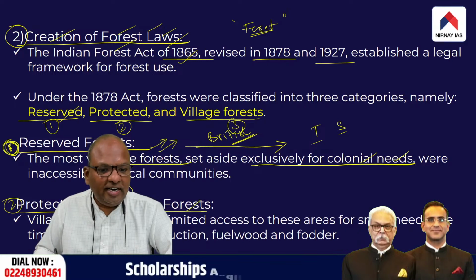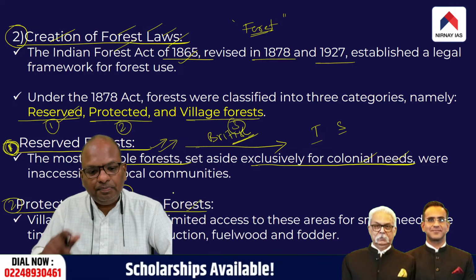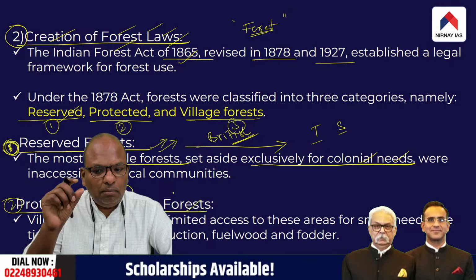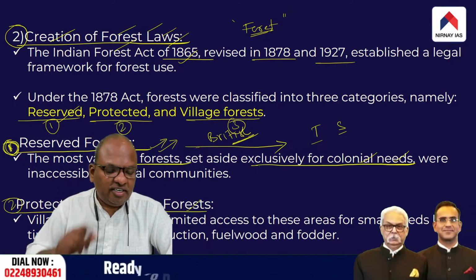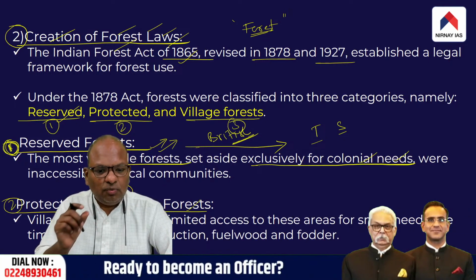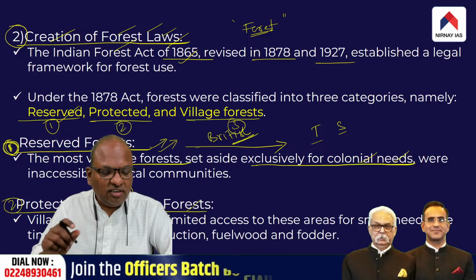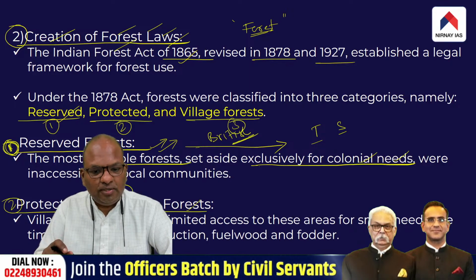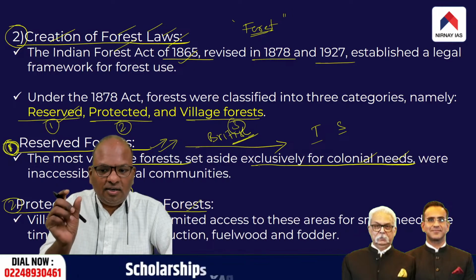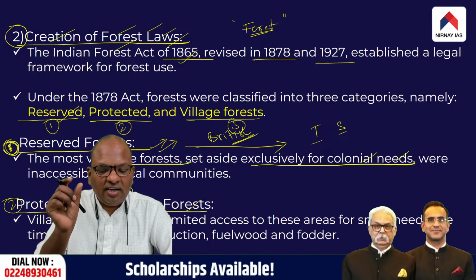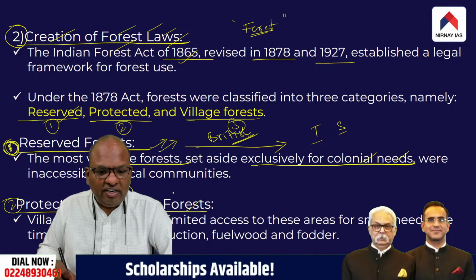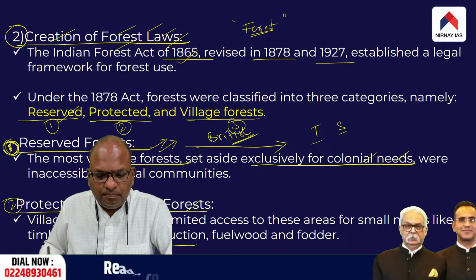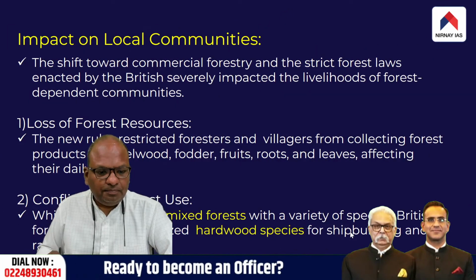The people of the villages were allowed to enter these forests only to meet their limited needs of timber for house construction, fuel wood, and fodder. I hope I am clear.